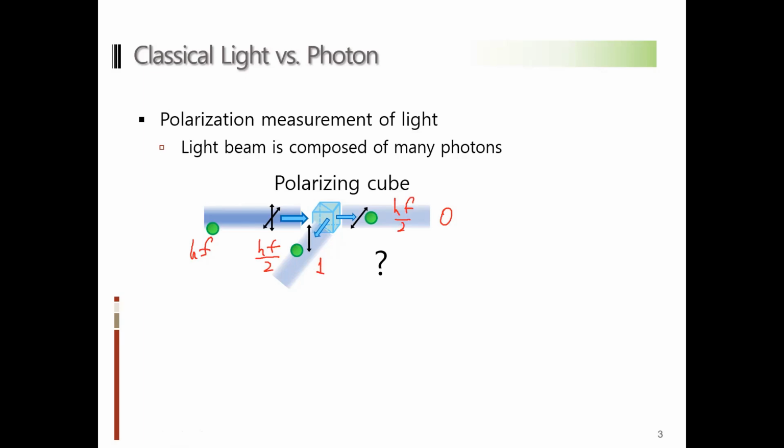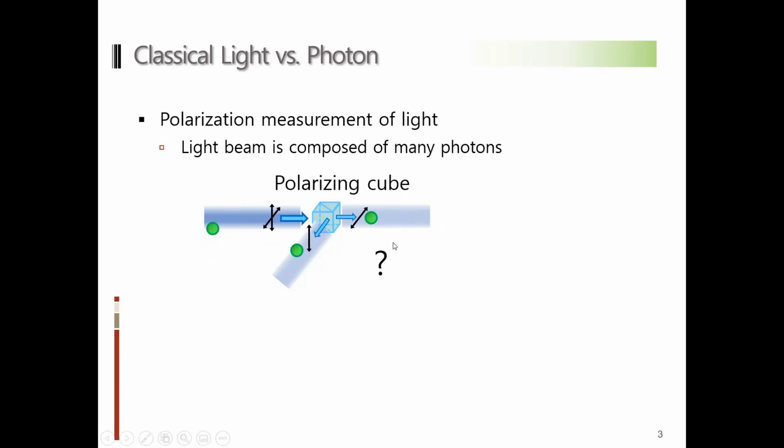That does not make sense, because that means the reflected light should have a frequency of f over 2 rather than f, which is a completely different frequency. And the same goes for this one. So the only option to satisfy the energy conservation law is that this particle either is transmitted or is reflected, but not half and half.